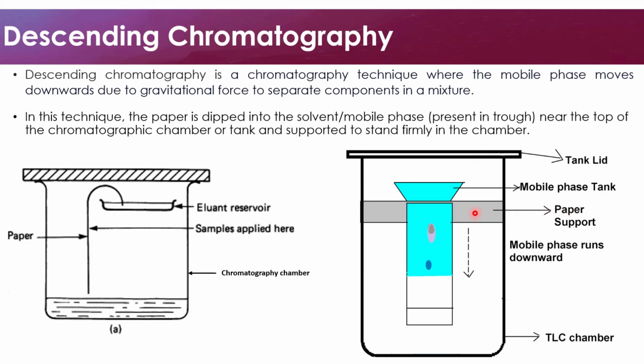Once we support it and dip it into the mobile phase, it will move downwards due to gravitational force, and as it moves downwards, it will separate the various components of our test sample, as shown over here. This is the first component, this is the second component of our test sample, and this is the movement of the mobile phase.